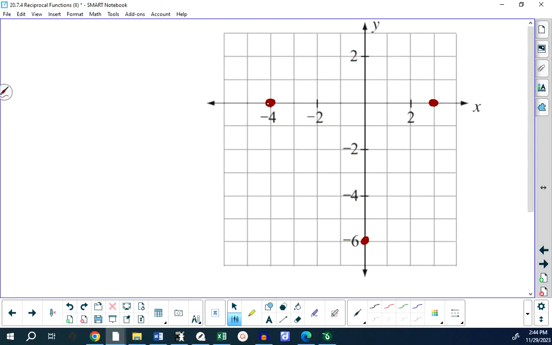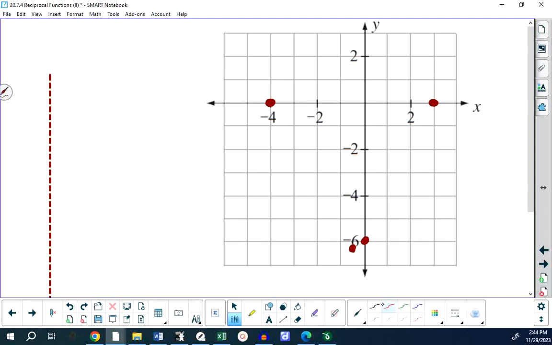Don't draw this line in, but going back to the previous units on quadratic functions, the axis of symmetry has to be halfway between those two x-intercepts. Anyway, that's what the graph looks like.